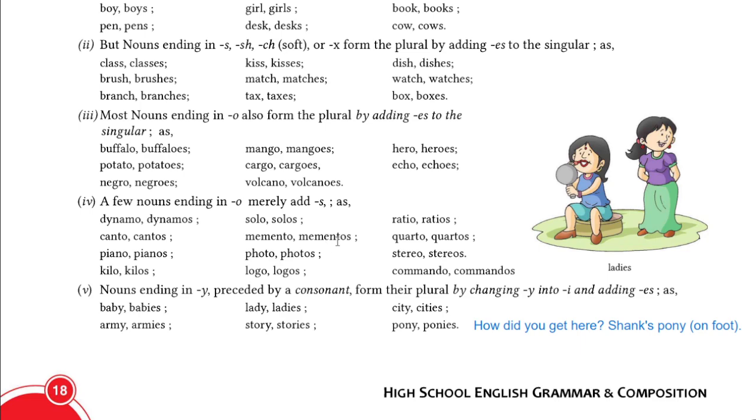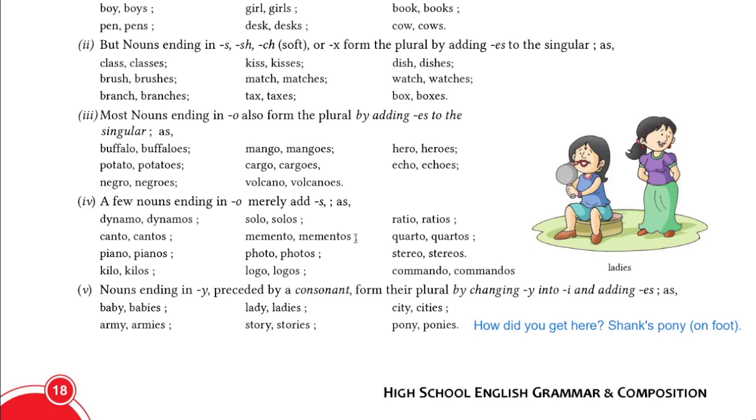Mementos. Mementos mean souvenirs. When you visit a certain place and you purchase something from that place, and then you return, you believe that that thing would remind you of that place. We call it souvenir.